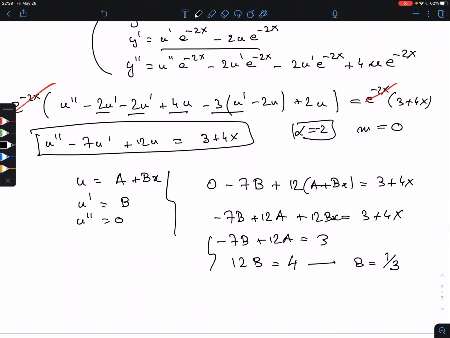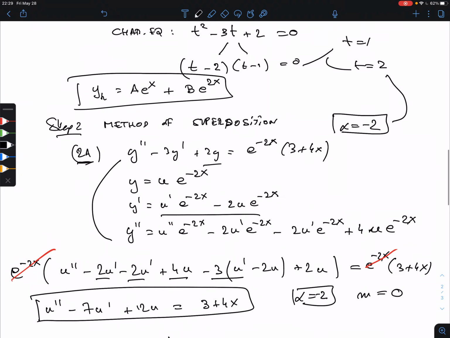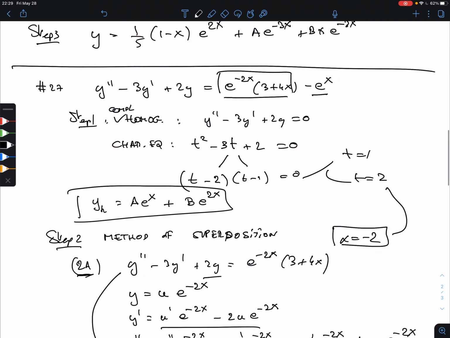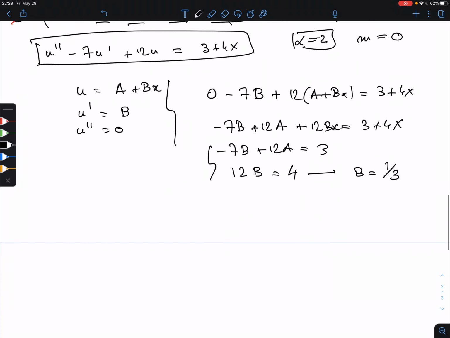So if I plug in, take derivatives, minus 7b plus 12a plus 12bx is 3 plus 4x, right? Unless I copied that wrong.